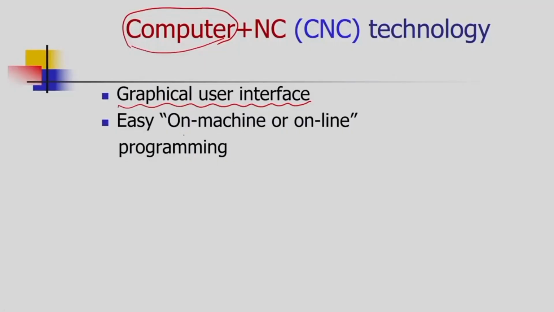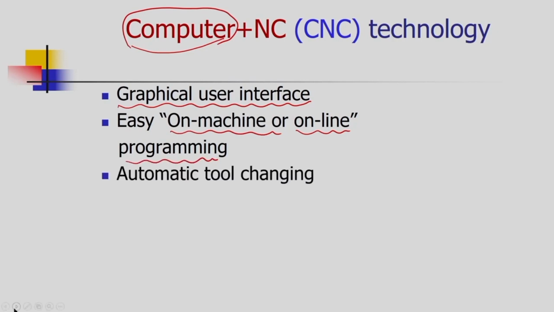So on-machine and online programming is possible with the computers. In addition to the online editing and online simulation of the program, we can now incorporate automatic tool change operations and automatic pallet changing operation.